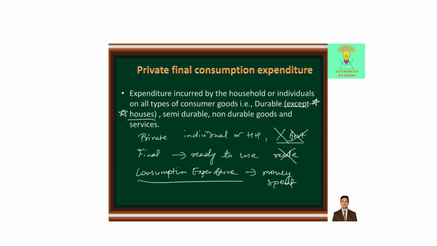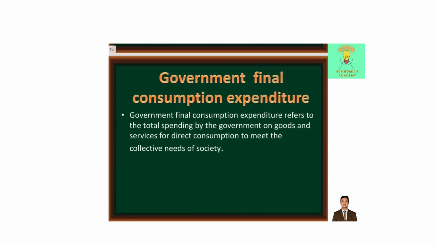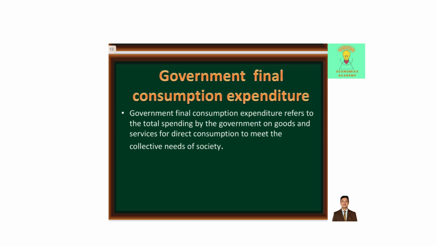Okay. Now the next component is government final consumption expenditure. Government final consumption expenditure is the total spending by the government on goods and services, right? All this expenditure is made by the government to meet the collective needs of the society.